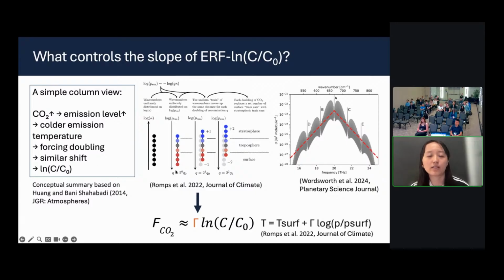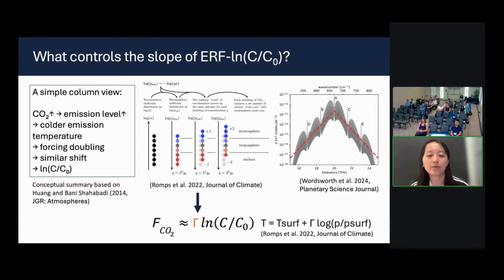And then in 2022, Romps et al. make this picture more specific for CO2. They introduce the emission pressure, P_em, which is the pressure level where radiation escapes to space. In the figure, each black dot represents a group of wave numbers in the 15 micron CO2 band.